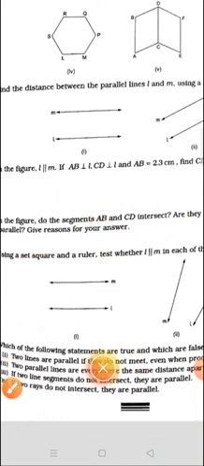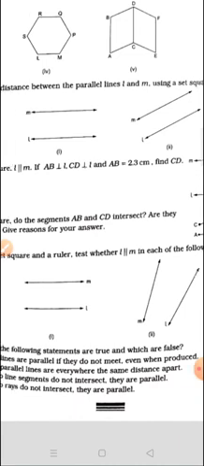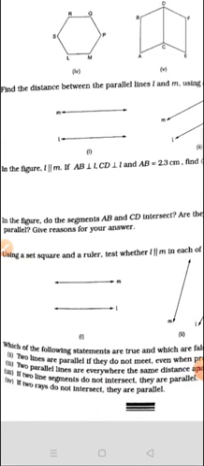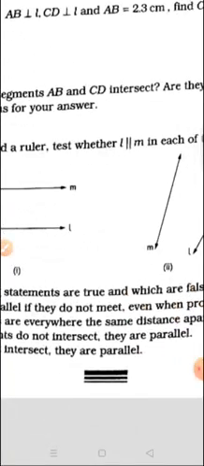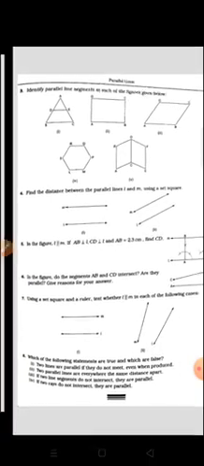Second, two parallel lines are everywhere the same distance apart. Yes, true. Two line segments do not intersect, they are parallel. False. Two rays do not intersect, they are parallel. False. So do the homework of this exercise, all the remaining questions as homework.